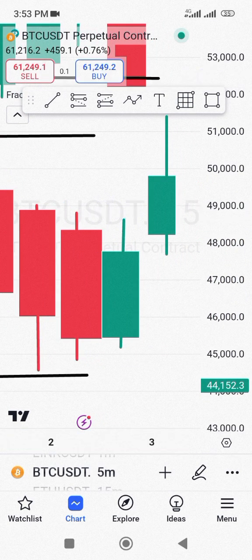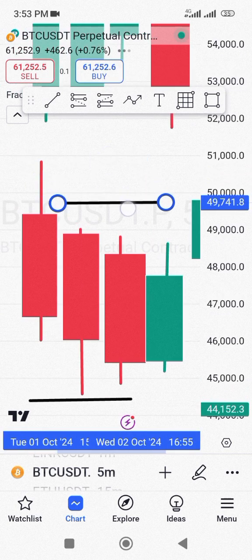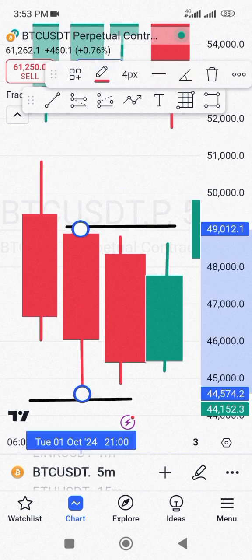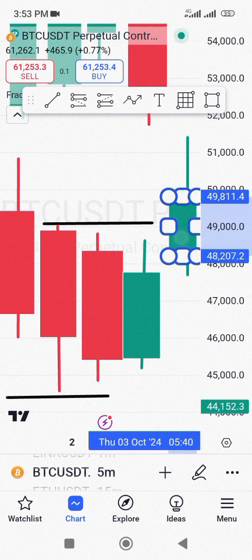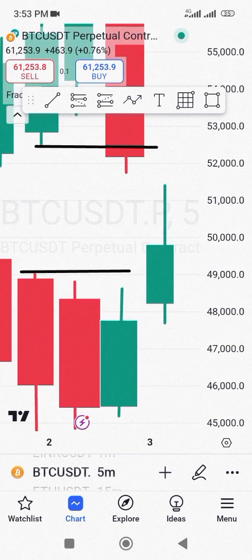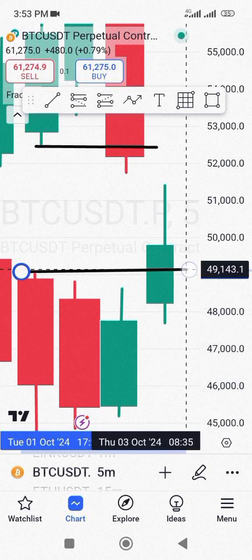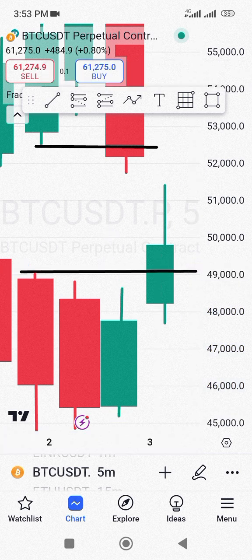So I'm going to remove this. This is where we're going to be considering. Once price goes above this line, then you have a valid pullback.